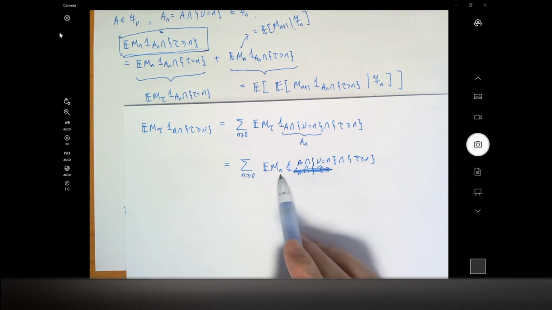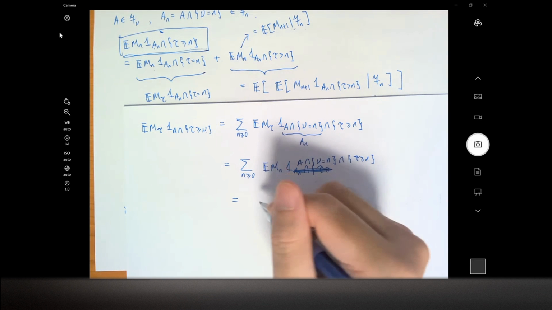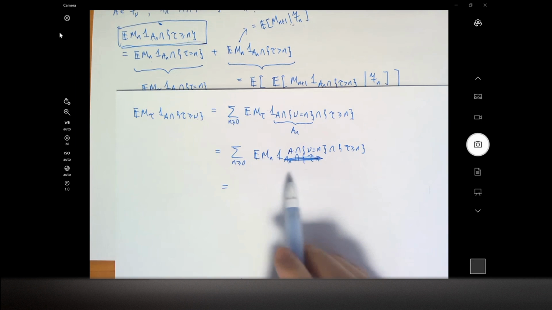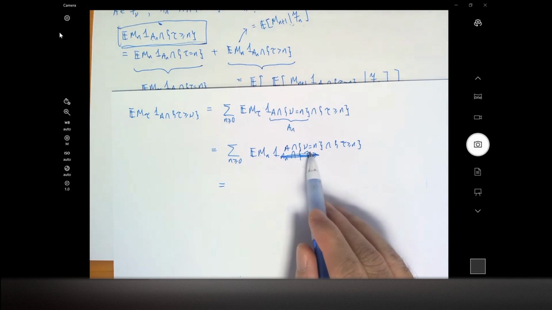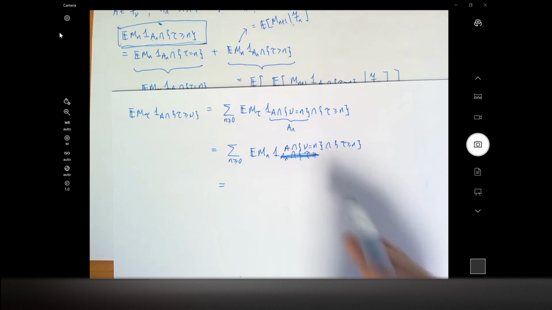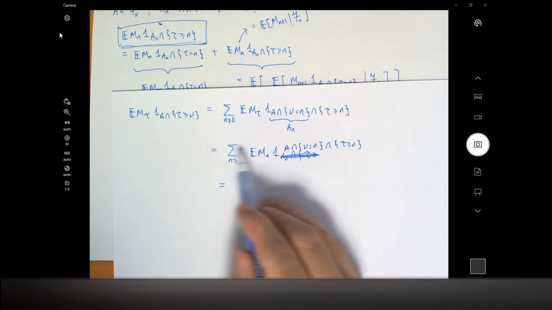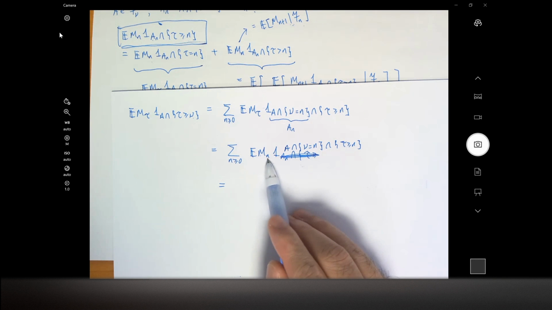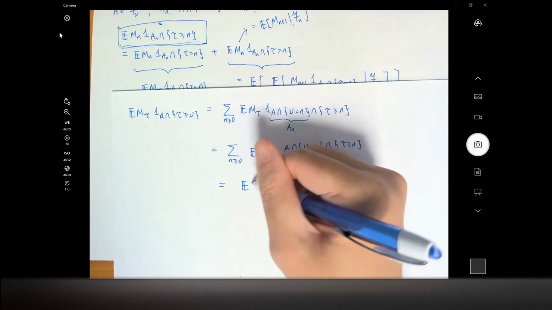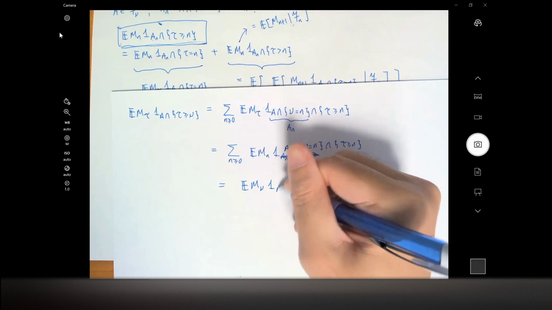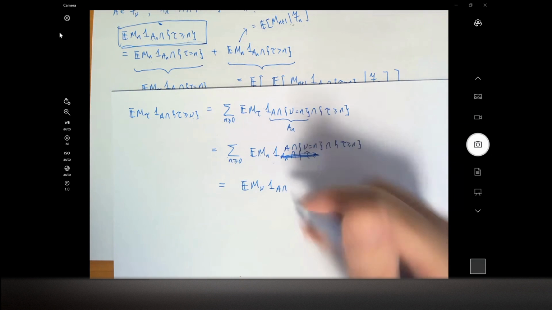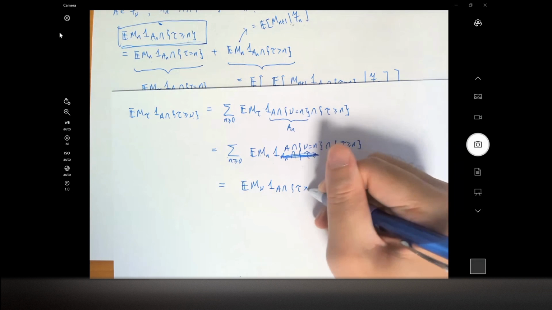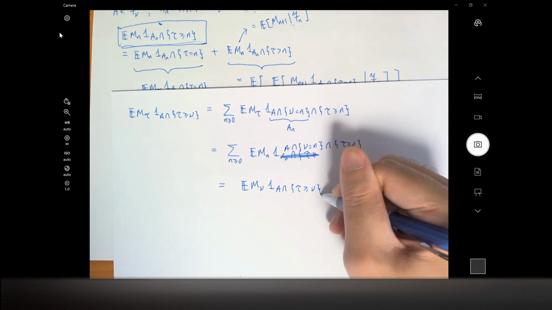That means I can replace all my n with nu. And when I sum it out, this is basically breaking out over the events nu equals each value of n, so I can just replace the n with the nu: M_nu, A intersected, and this sum goes away, and then this intersect with tau bigger or equal to nu.